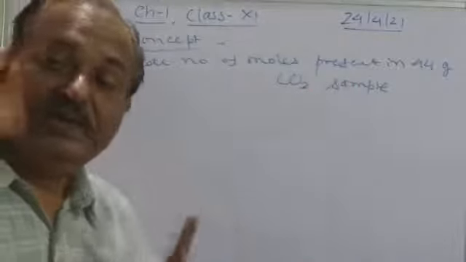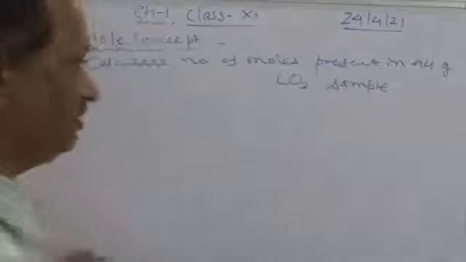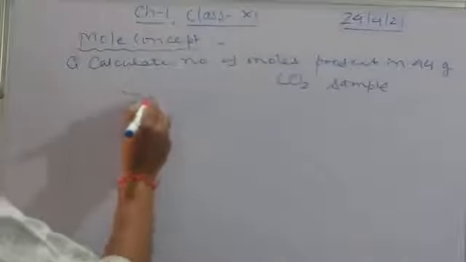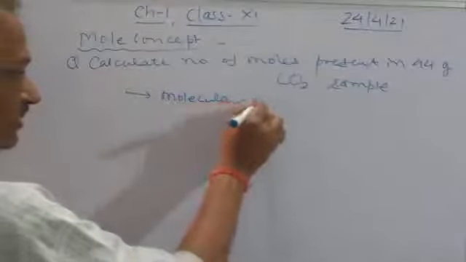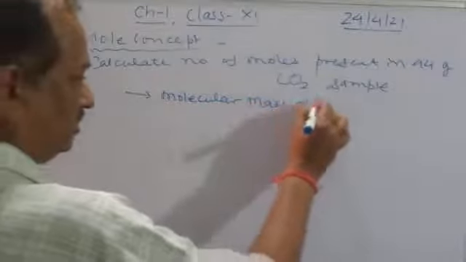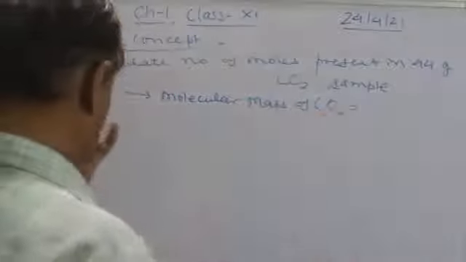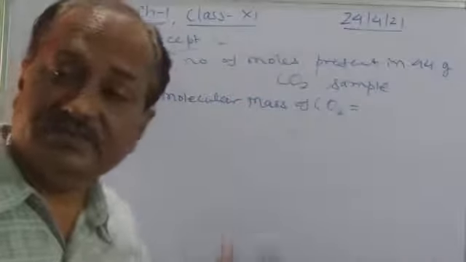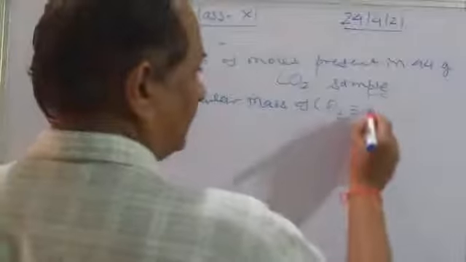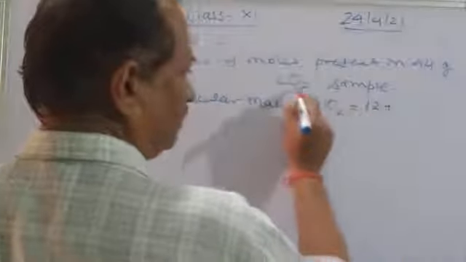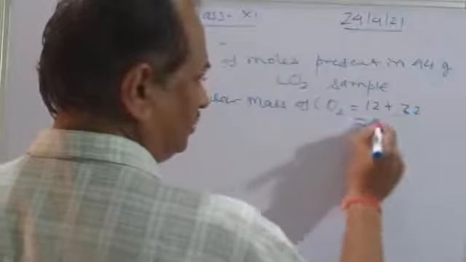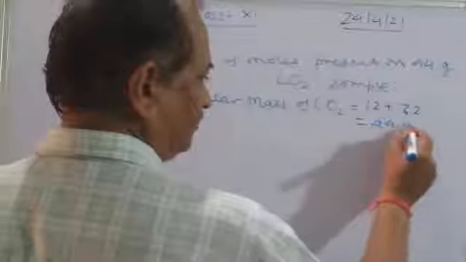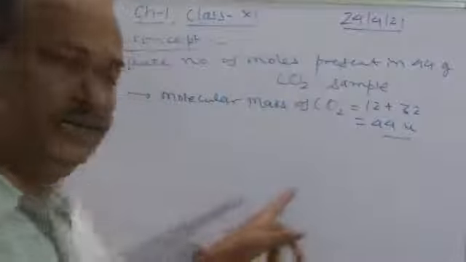In this case, first we have to find the molecular mass of CO2. What is molecular mass? It is the addition of atomic masses. So carbon 12, oxygen 16 into 2, which is 32. So it will be 44 U. Is that clear?